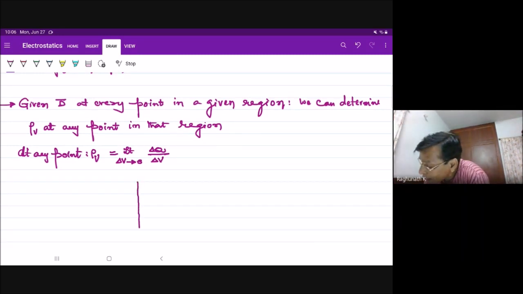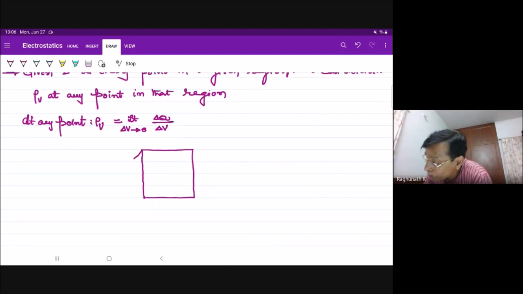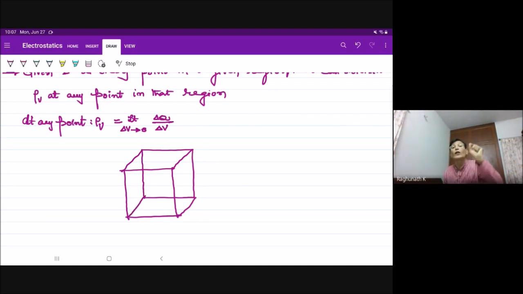In Cartesian coordinate systems, that differential volume at any xyz, the point is inside, at the body center. That's how it looks.